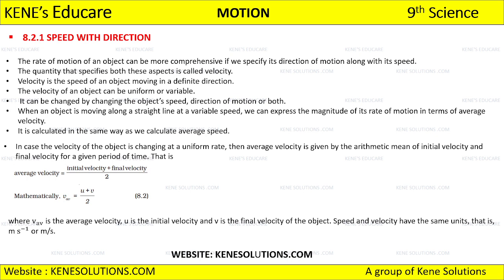Whenever we have to calculate average velocity, we are going to use the same formula. But you should know what the letters represent. u represents initial velocity, v represents final velocity, v_av represents average velocity, and the unit that we are going to use is meter per second.